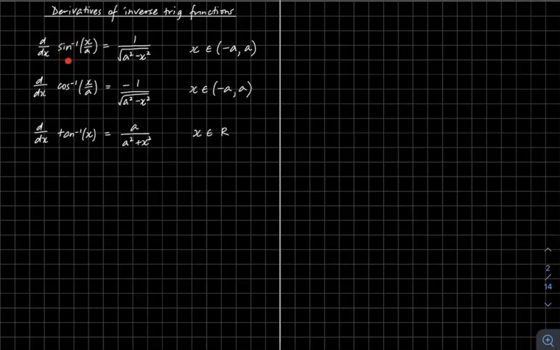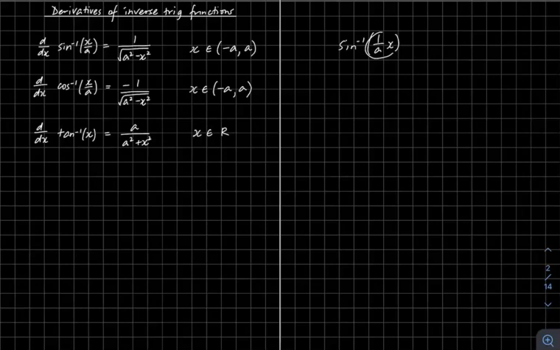Now if you think about this function in terms of a transformation of inverse sine of x, the transformation that has occurred is that I'm multiplying x by 1 over a inside the brackets. So that relates to a horizontal dilation by a factor of a.